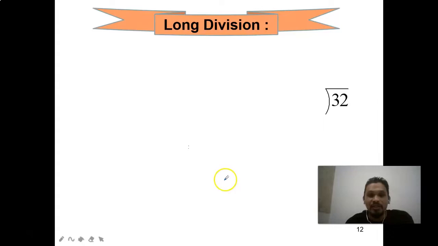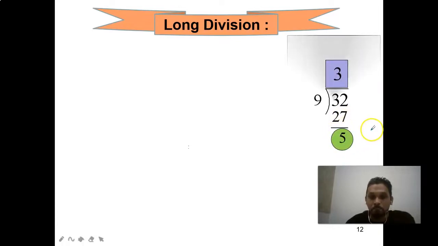So long division. Class, last time when we talked about division, we only looked at simple examples, something like 32 divided by 9. So 9 times 3 equal to 27, and 32 minus 27 leaves a remainder of 5.